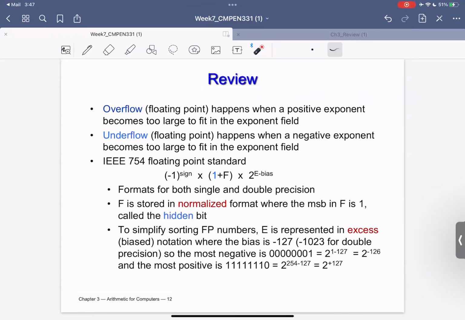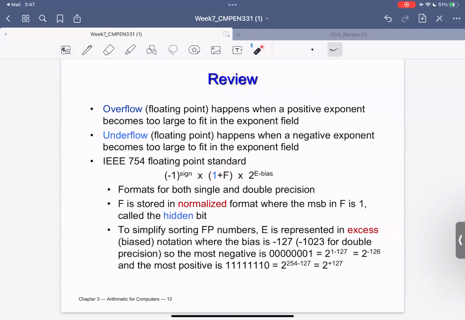We mentioned also with the IEEE format that it will be -1 to the power of sign multiplied by 1 plus f multiplied by 2 to the power of e minus bias. We can have the format for both single and double precision, as we have explained. The most important thing is that f is stored in a normalized format because there is a hidden one. When we write the fraction f, we know that there is a hidden one there. That's why we add the 1, as you can see here, 1 plus whatever is in the fraction.